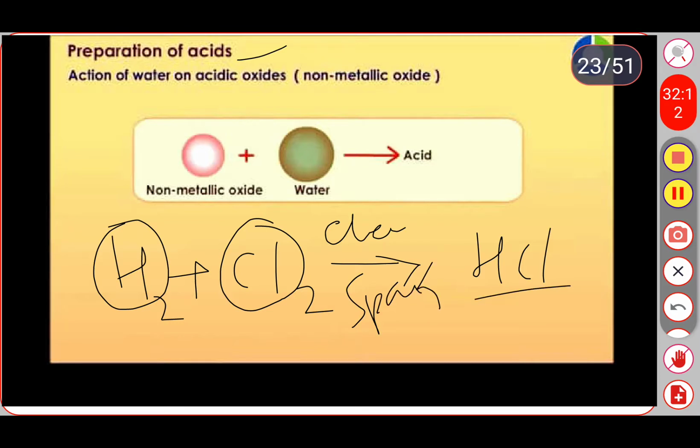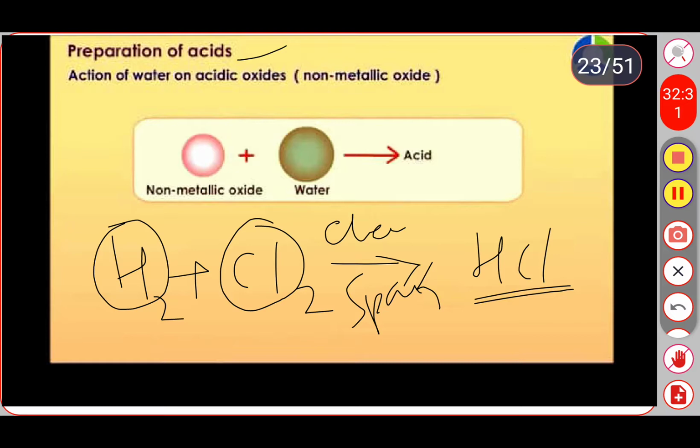So this is the direct or synthetic method. In the direct and synthetic method, we combine the elements directly by passing an electric spark, and we form acidic substances or acidic solutions.